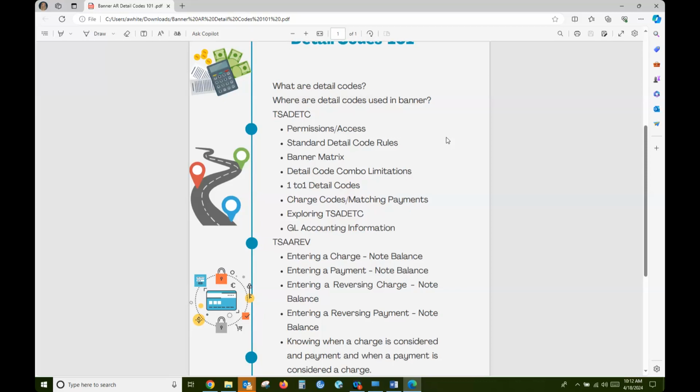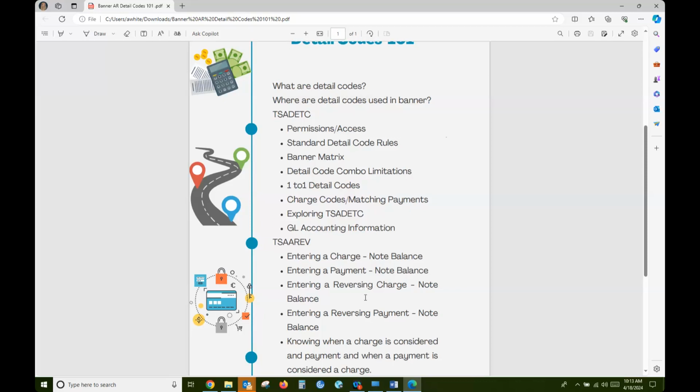So it just makes it easier for reporting standards when we all use the same codes across all 22 colleges. Now, that is not to say that we do not give you a little bit of wiggle room, because we do. We give you that wiggle room inside what we call wildcards, and those are the ones that have percent signs in the detail codes.